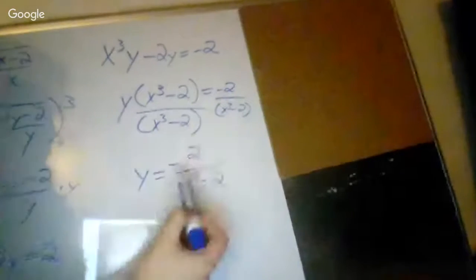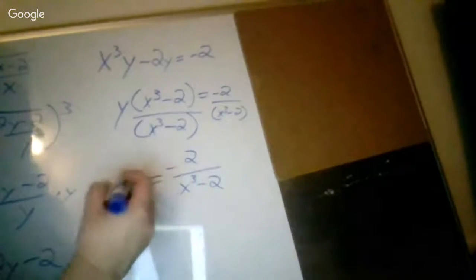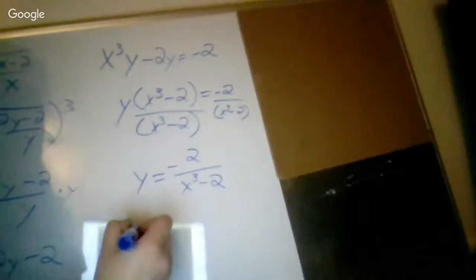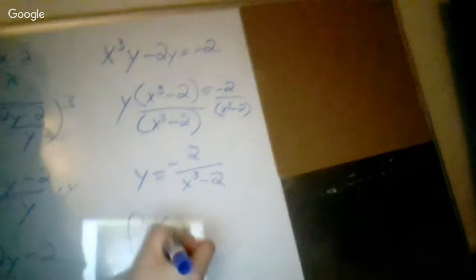And the minus for the 2 is going to make this fraction a negative fraction. But this solution for y is the inverse of the function.